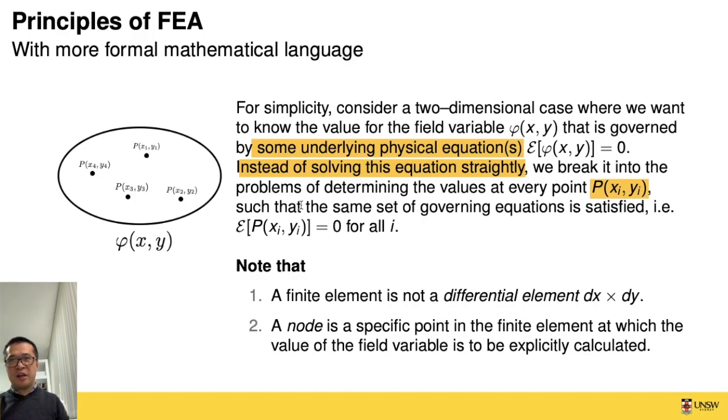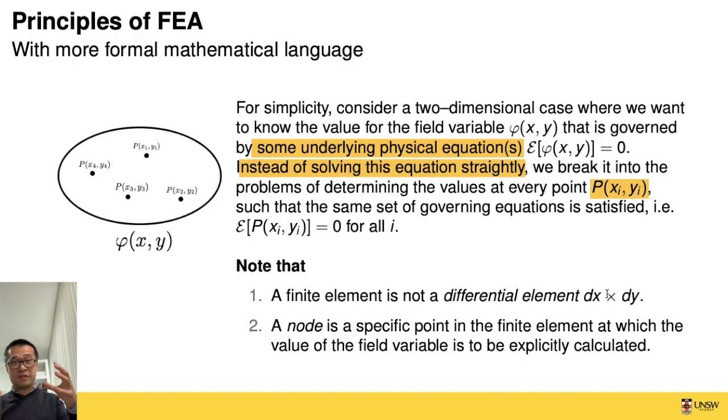Now, just a few notes, two important notes. A finite element in most cases is not a differential element. In the two-dimensional case, it's not really dx by dy, or dx times dy.